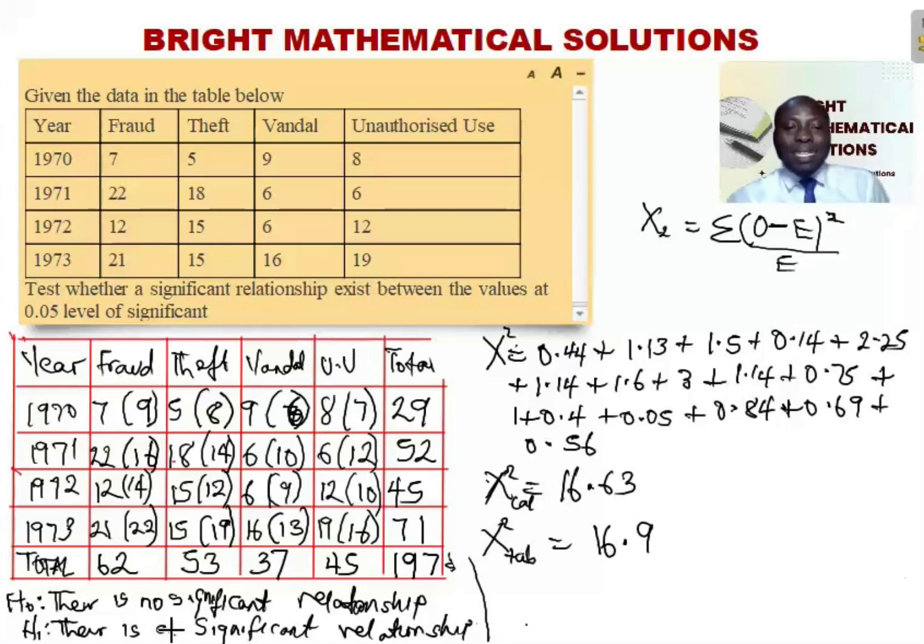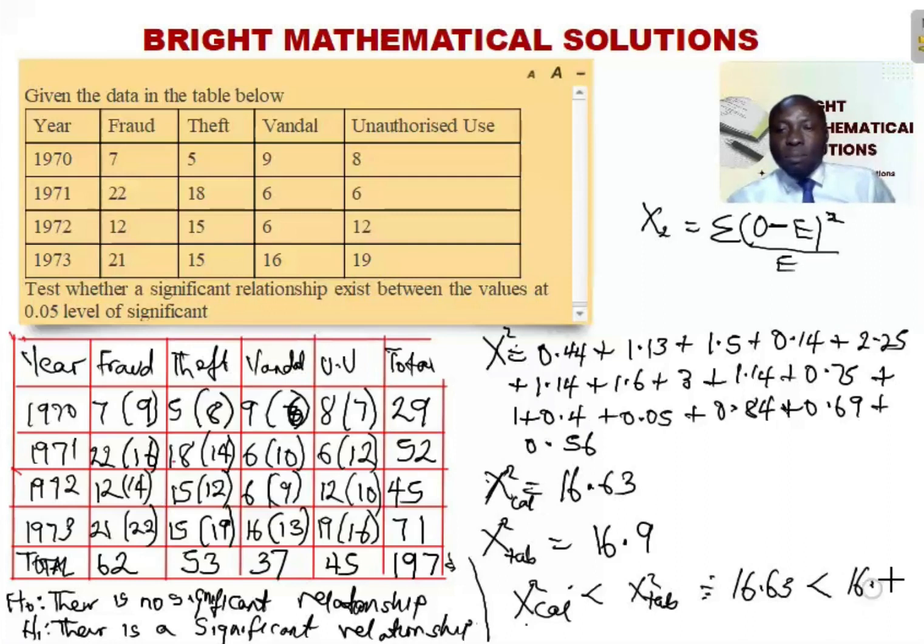there is a significant relationship between these variables that we have. Now, decision: chi-square calculated is less than chi-square tabulated. That is 16.63 is less than 16.9.